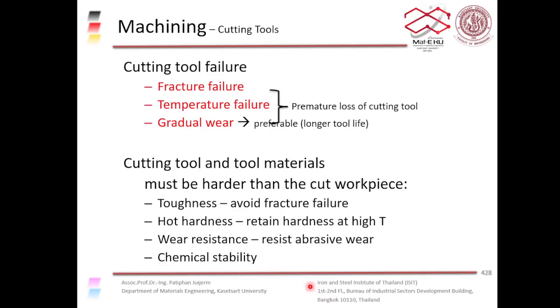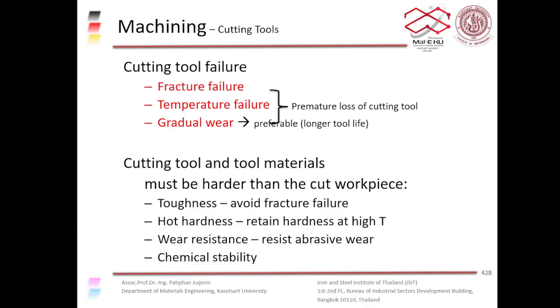Okay, so cutting tool failure. The cutting tool can fail in three modes: fracture failure, temperature failure, and gradual wear. Fracture failure is the mode of failure that occurs when the cutting force at the tool point becomes excessive.